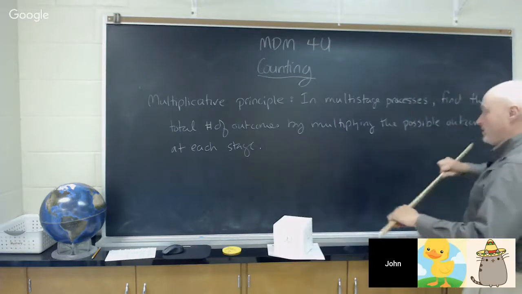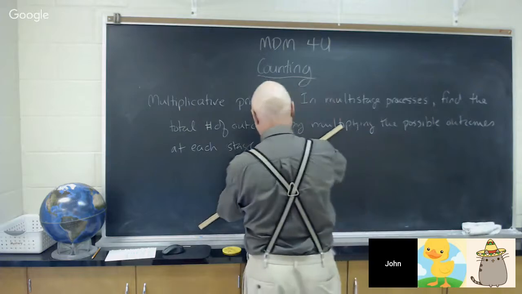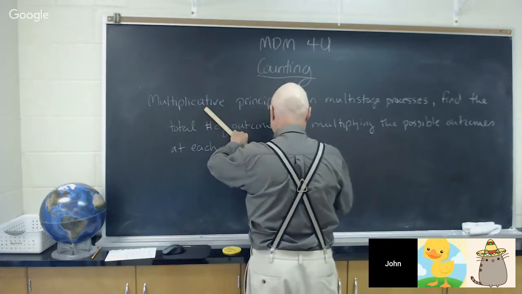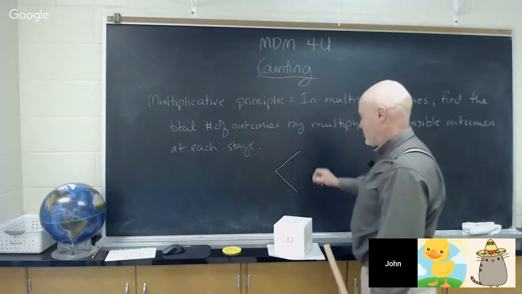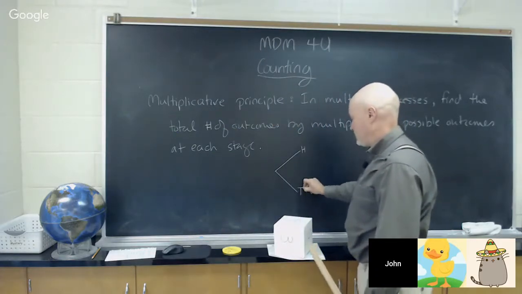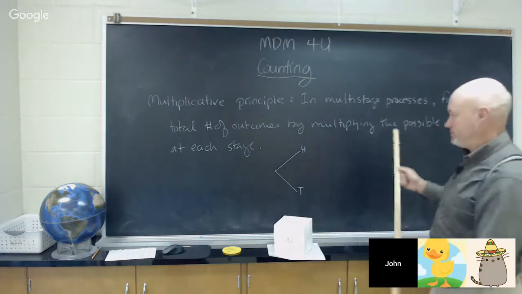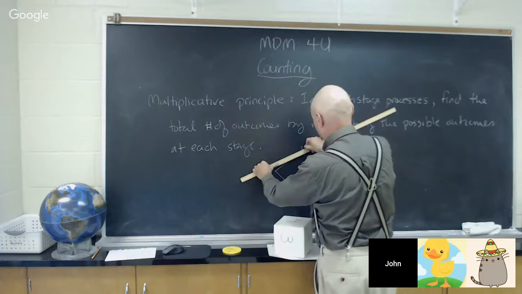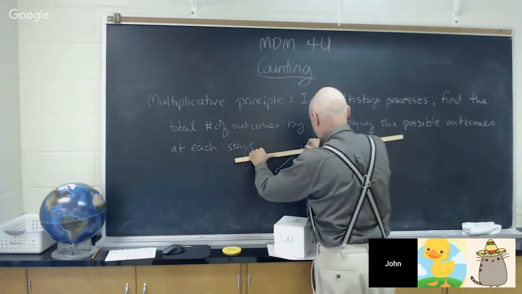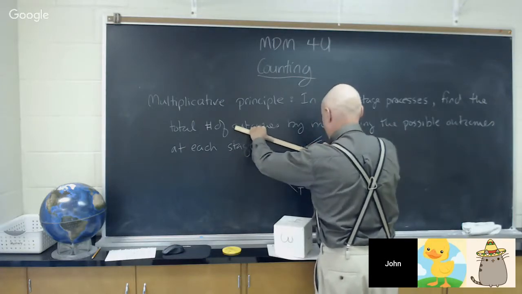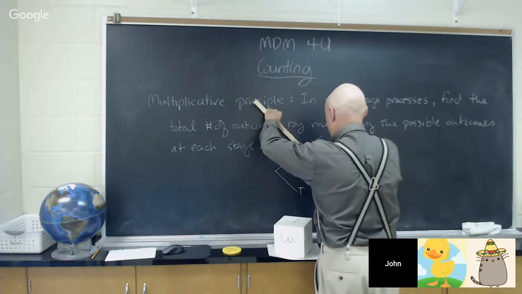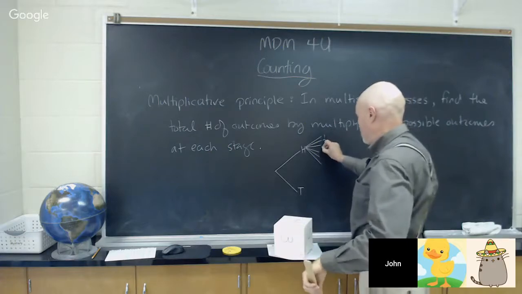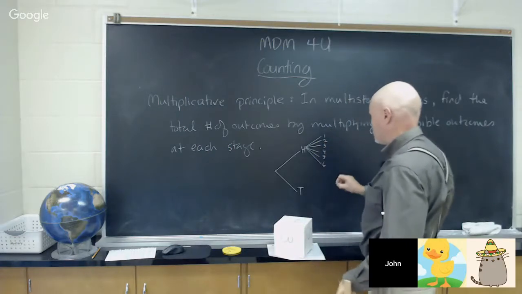Now, the curriculum says that we need to understand how this can be done using a tree diagram. And so we're going to go over a tree diagram, what it looks like. So there's stage 1. You can get a head or a tail. And here comes stage 2. This is going to take a lot more room. 1, 2, 3, 4, 5, 6. So you can get 1, 2, 3, 4, 5, or 6 at stage 2.